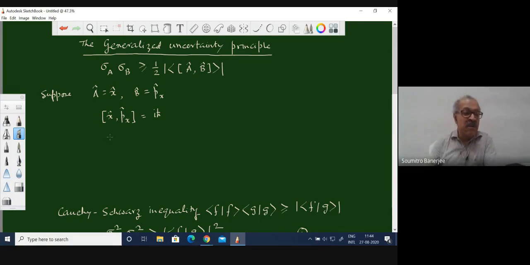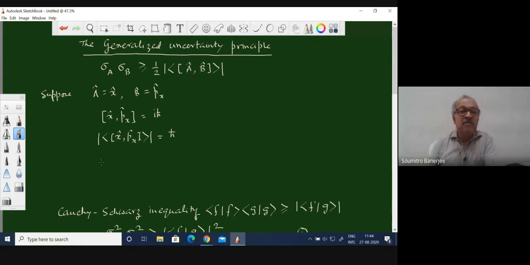So if you put it here, you will immediately find that the expectation value of that, and the modulus of it, get rid of the i, and since this is h cross, this will just be h cross.